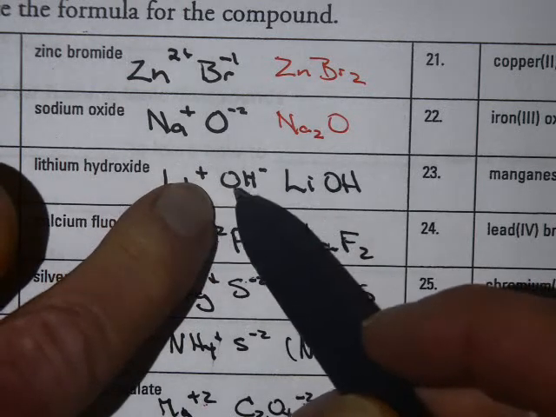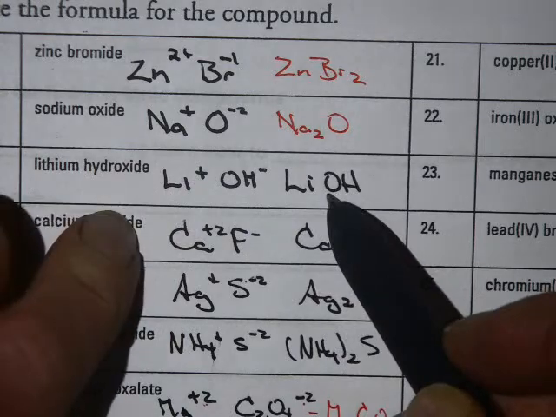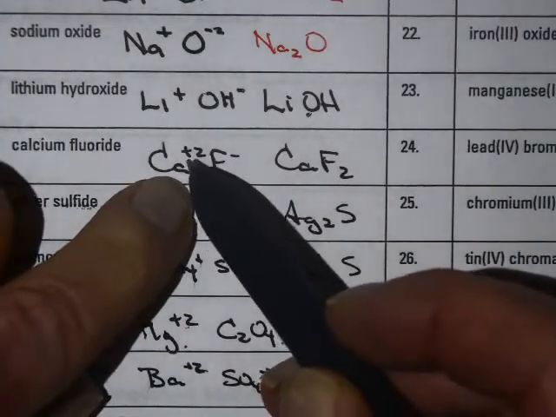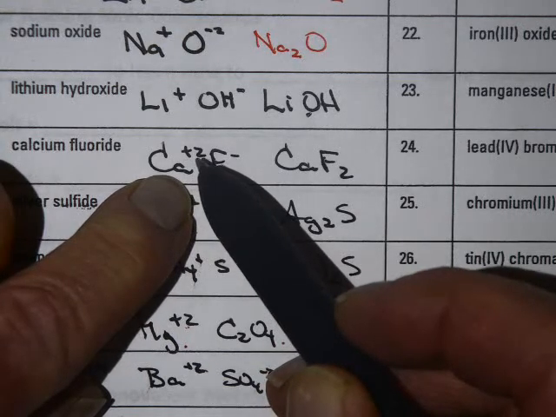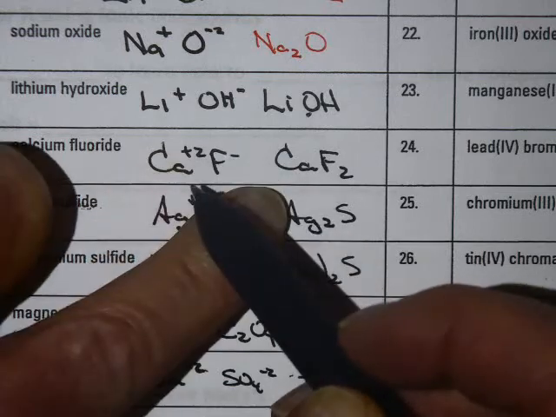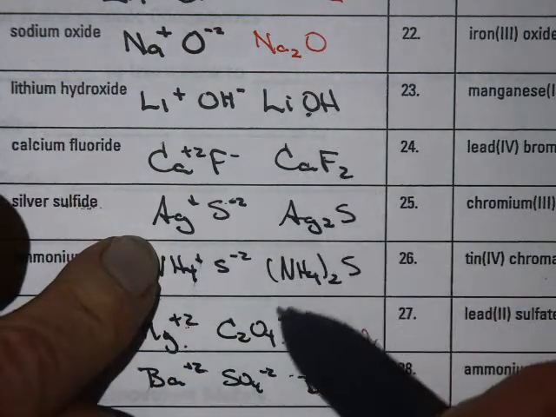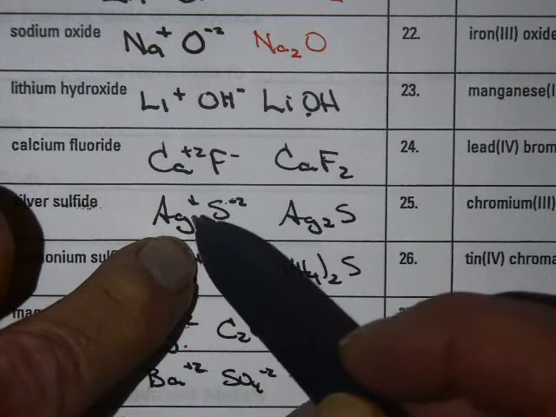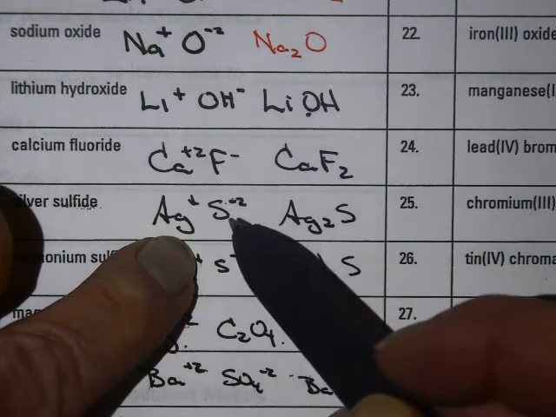Lithium hydroxide. Lithium from your table has a combining capacity of 1. Hydroxide is a -1 combining capacity, so it's a 1-to-1 ratio. So you end up with lithium hydroxide. Calcium fluoride. Calcium has a +2, fluoride a -1.